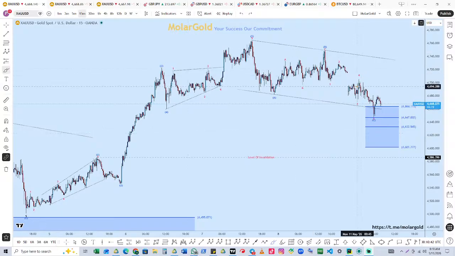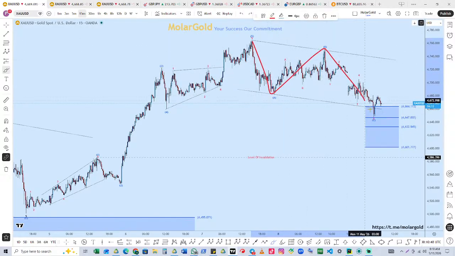Now we have the ABC correction, that is with A, with B, and then with C, just like this. And this is 1, 2, 3, 4, 5. Wave 3 is mostly accompanied by a gap, and we can see the gap too as well. So it means that everything is actually the way it is supposed to be. So that's basically it.